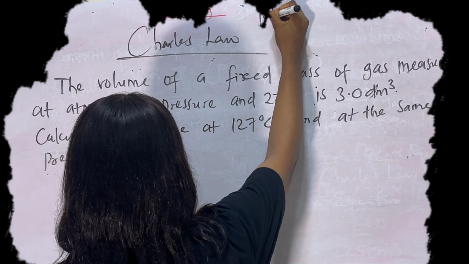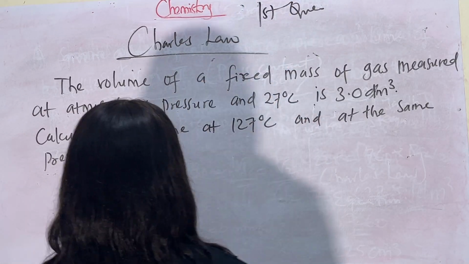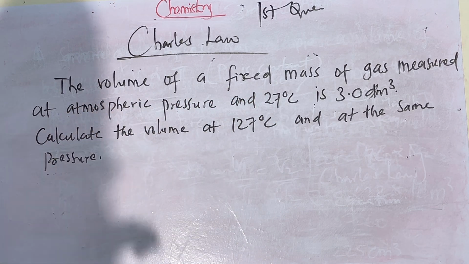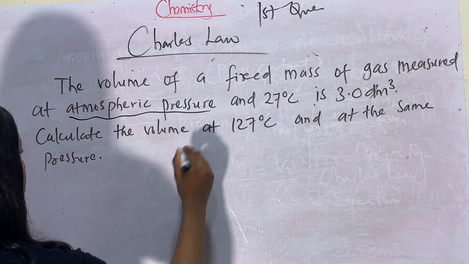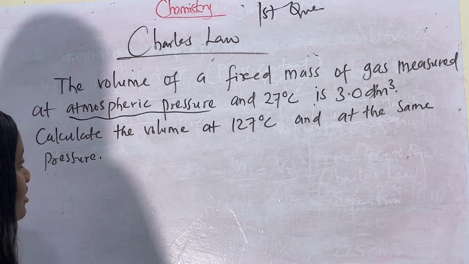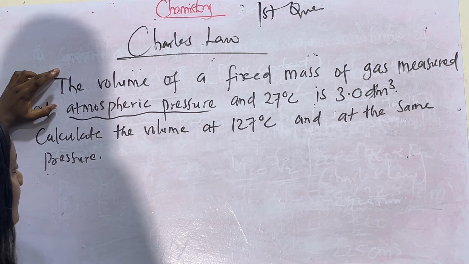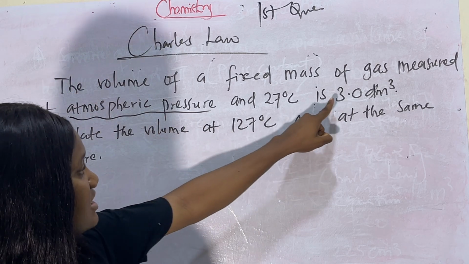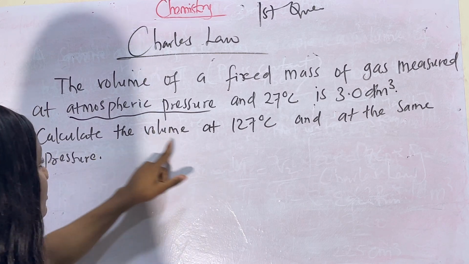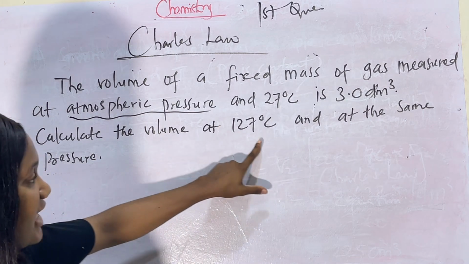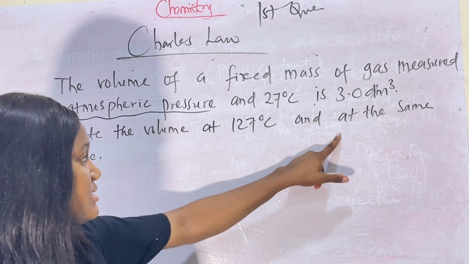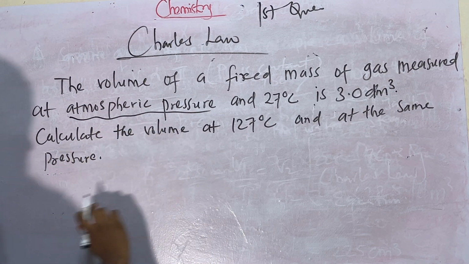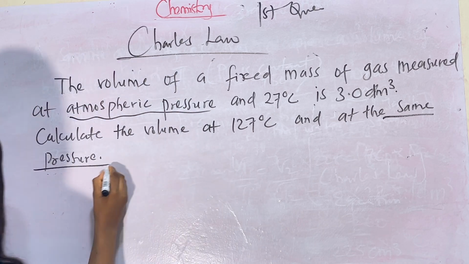First question, we're going to be solving under Charles' law. The question says the volume of a fixed mass of gas measured at atmospheric pressure and 27 degrees Celsius is 3.0. Calculate the volume. So we're looking for the volume of the gas at this temperature and at the same pressure. Now, this says atmospheric pressure, and here we see the same pressure.